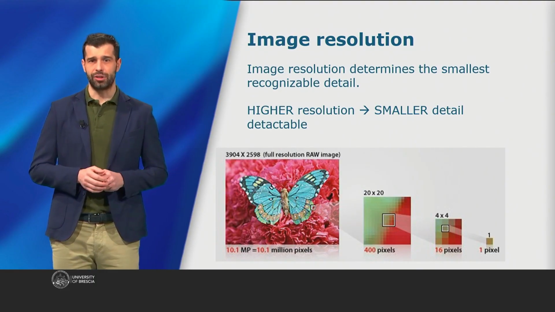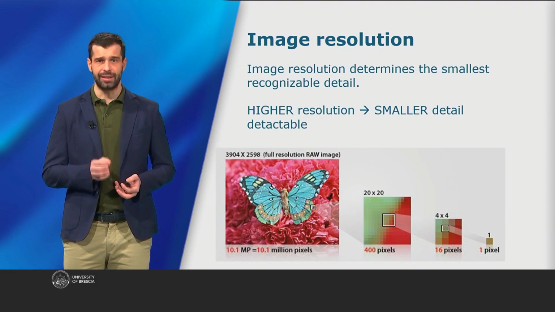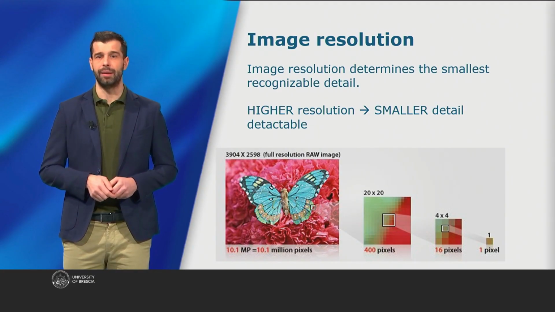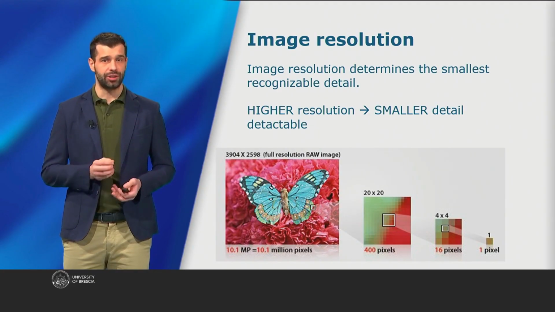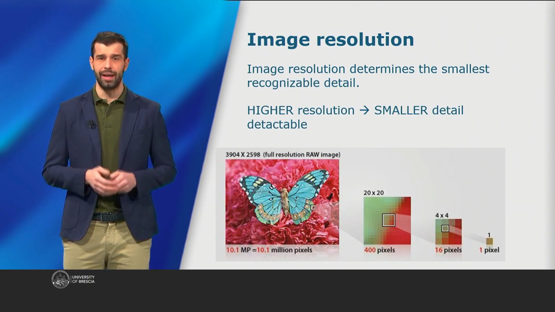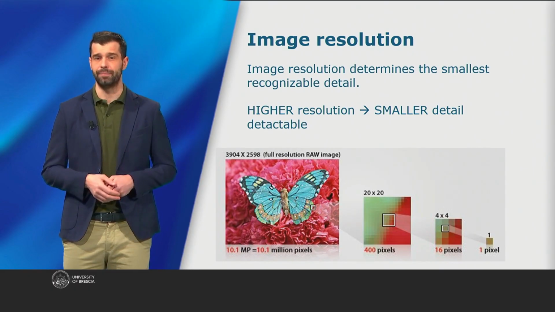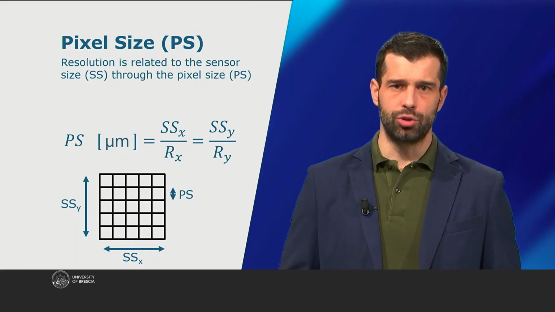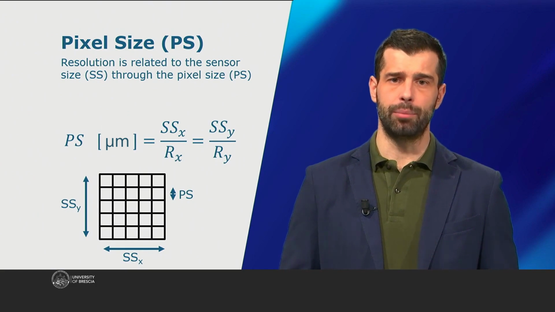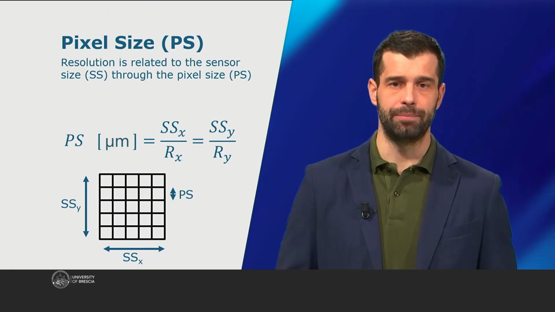In this example of this butterfly, we can see that with the resolution used, we can see the details of the wings very clearly. If we wanted to see much smaller details, we would need to increase the resolution of the image and, as a result, increase the resolution of the camera sensor. Now that we know what resolution is, we can define a second parameter of the image, the pixel size or pixel dimension.